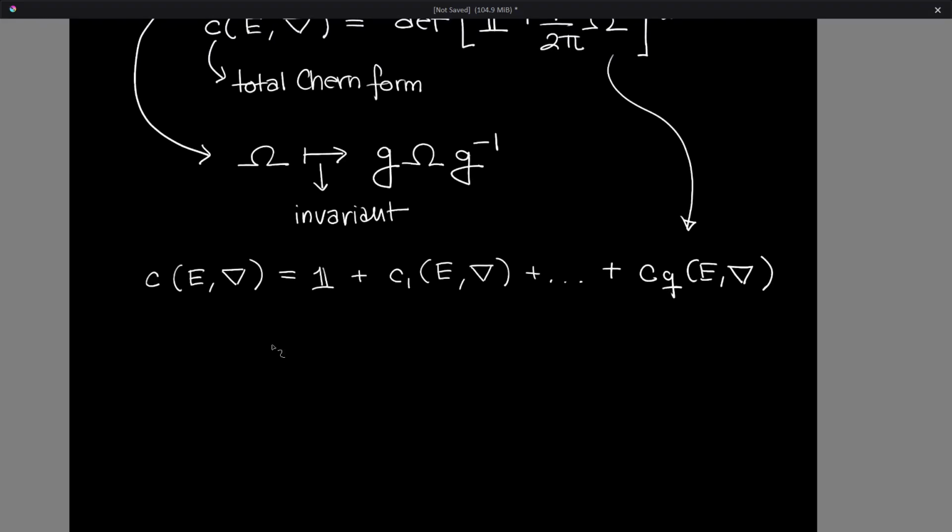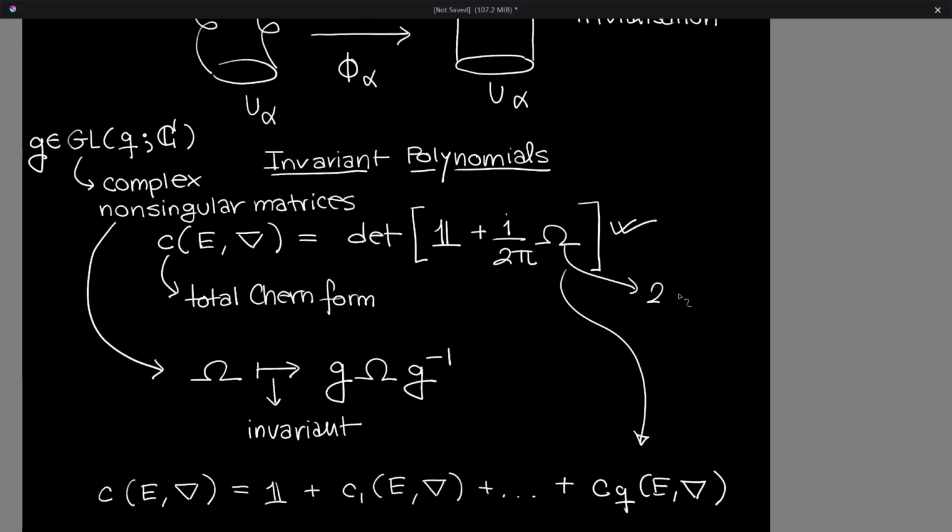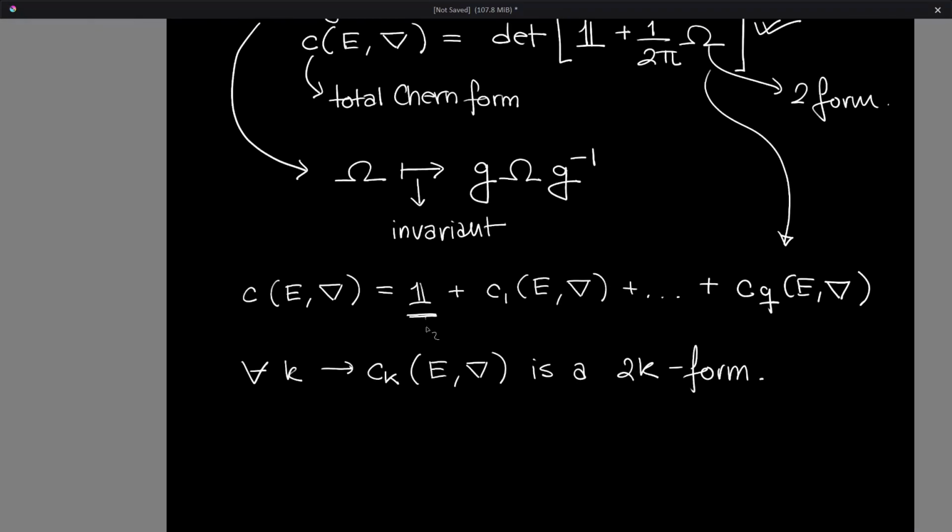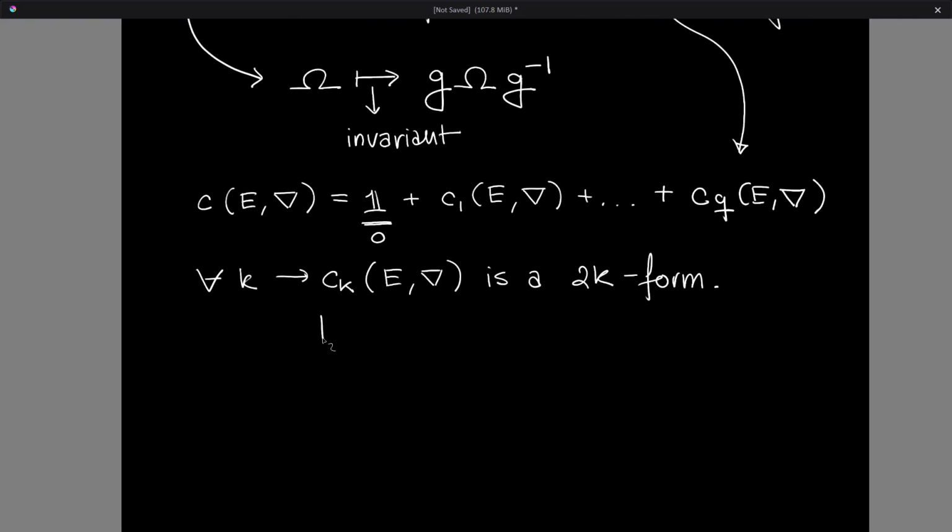So each of these is a form, and let's say we take the kth one of these. So for all k, ck(E, nabla) is a 2k form, right? And that comes from the fact that this is a 2 form. So you get that 2 being multiplied out, and the first one is the 0 form, right? So this is a 2k form, and this is called the kth Chern form. This guy here.